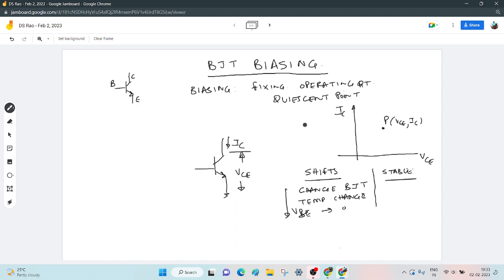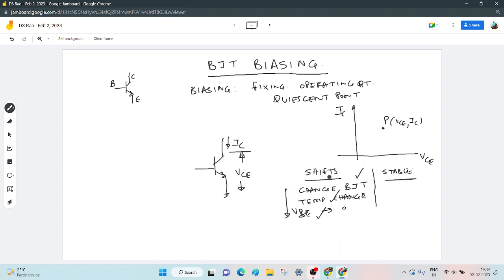So, what is biasing? Biasing is we want to fix the operating point exactly at the place where it is decided in the design, and not only fix it, we also want to make sure that it does not shift from there, even when a transistor is changed or temperature changes or some change occurs in the base emitter voltage.